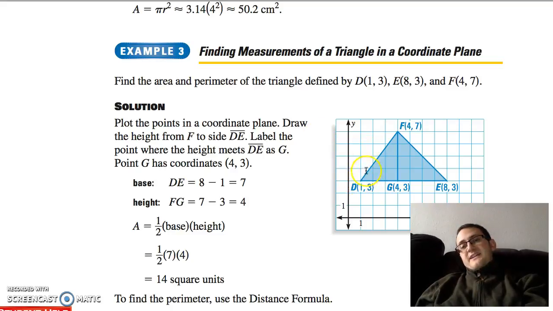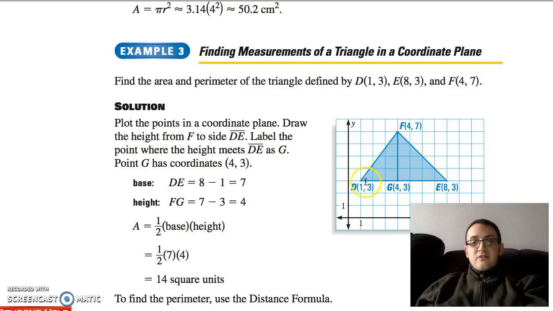Now, you may be asking, how do you compute the length of a side that's diagonal on a coordinate grid? Well, we do know what the distance is between 2 points. We can always use the distance formula. So I encourage you, anytime you have something horizontally, you can count horizontally on the graph.